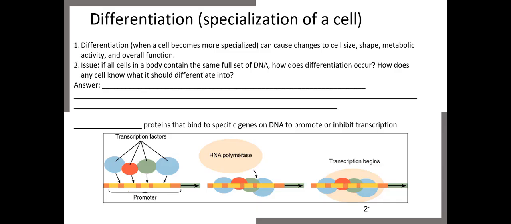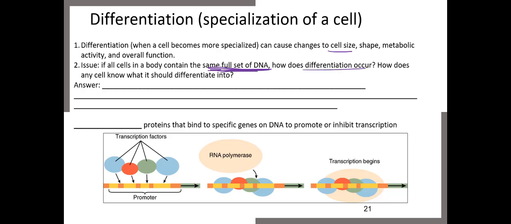How do cells become differentiated, or how do cells become specialized? So differentiation can cause changes to cell size, shape, metabolic activity, and overall function. So the question is, if all cells in the body contain the same full set of DNA, how does differentiation occur?